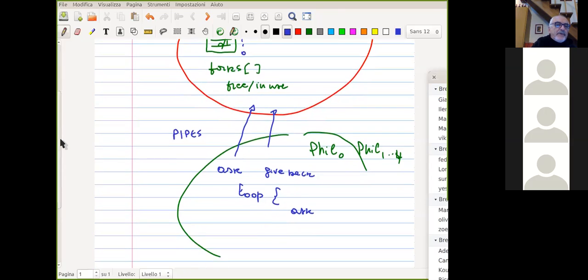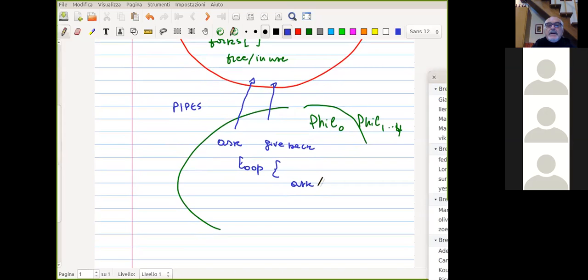After asking a fork, this is a blocking communication. So it asks the fork. If this communication succeeds, philosopher i knows that he has two forks.